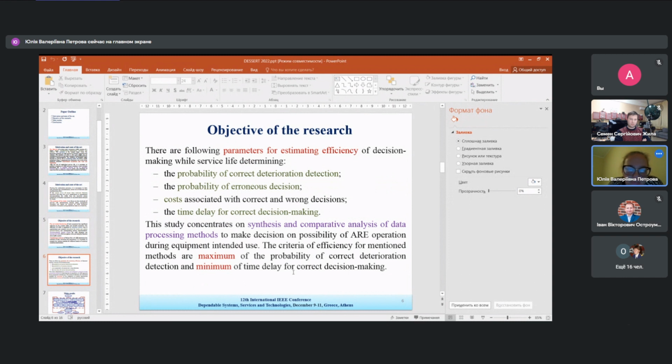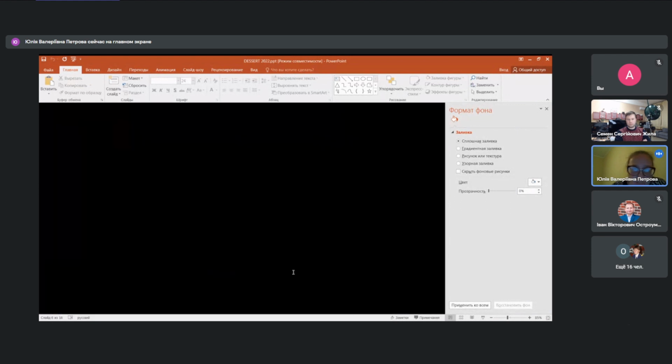This study concentrates on synthesis and comparative analysis of data processing methods to make decisions on the possibility of equipment operation during equipment intended use. The criteria of efficiency for the mentioned methods are the maximum of the probability of correct deterioration detection and the minimum of time delay for correct decision making.